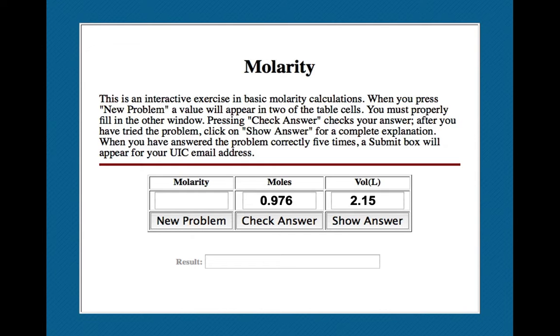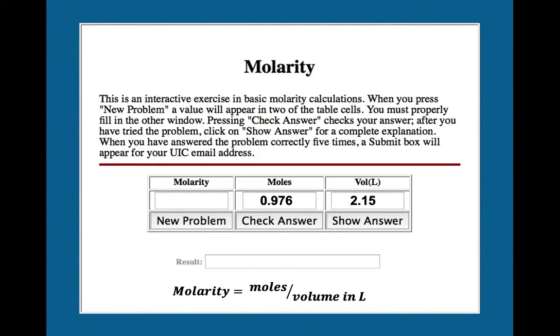In this, we have 3 blanks. 1 is missing. We are given a number of moles and a volume. What is the molarity? On your little card, if you don't remember it, moles divided by volume in liters, that's molarity.